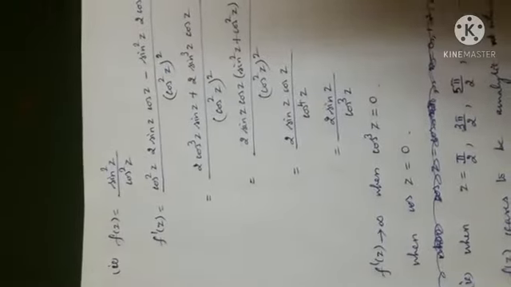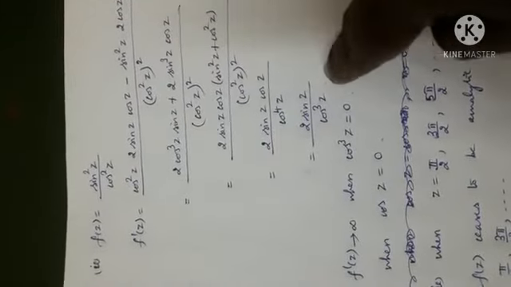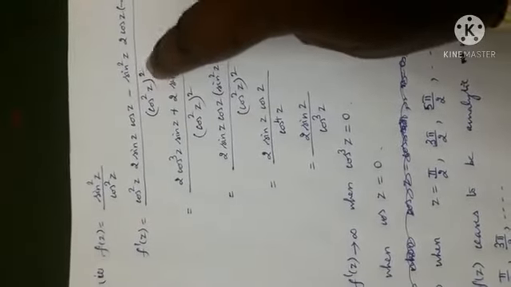Last problem. It is tan square Z, that is sin square Z by cos square Z. Use the u by v method. You can equate the denominator to 0 so that f dash of Z will become infinity. I have simplified. If you want, you do the simplification. Otherwise, equate the denominator to 0. When the denominator is 0, f dash of Z will become infinity.